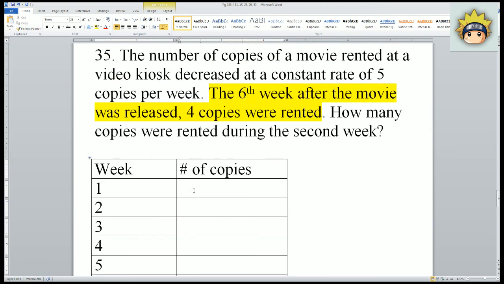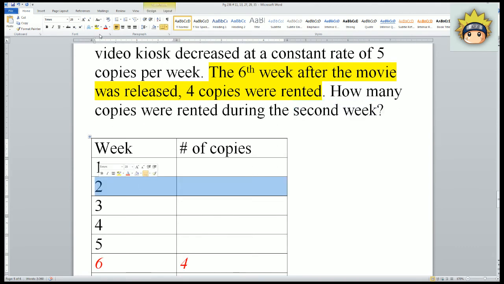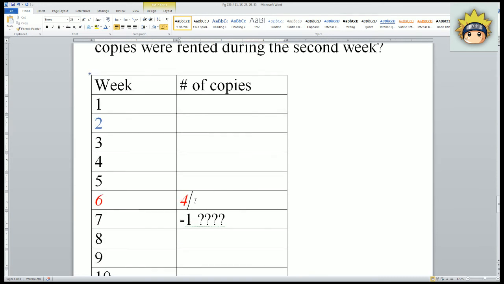Let's just work backwards, because they ask how many copies were rented during the second week. I'm trying to look for this. This decreases, so to go up, you do the opposite. So here, 4.